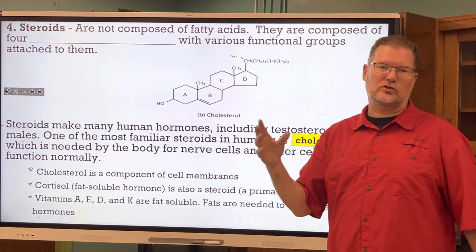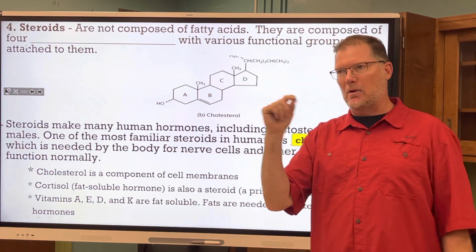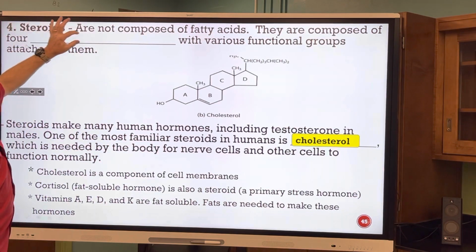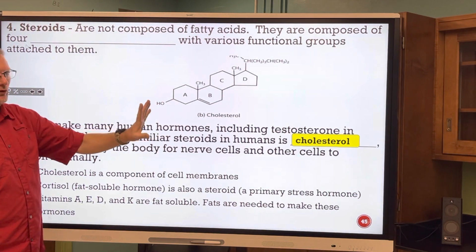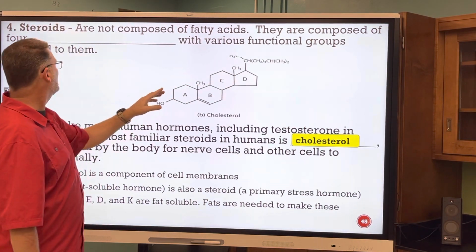Just put ring molecules for that, okay? So 4 ringed molecules. We don't have to know what they are. It's okay. So you got 1, 2, 3, 4 with various groups attached to them.